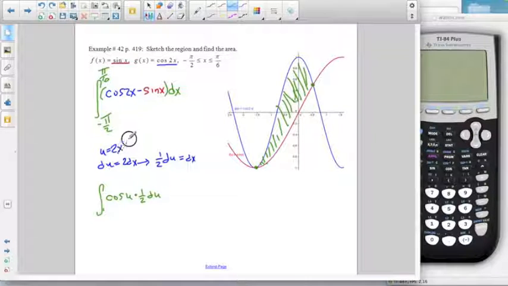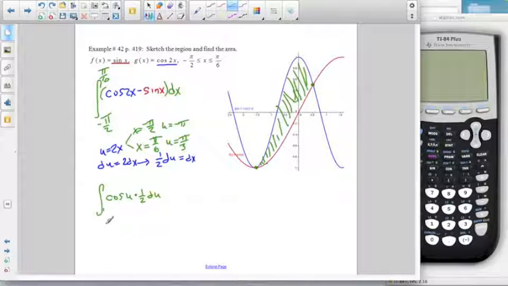And if we put in the limits of integration here, when x equals minus pi over 2, then u equals minus pi. And when x equals pi over 6, u equals pi over 3.